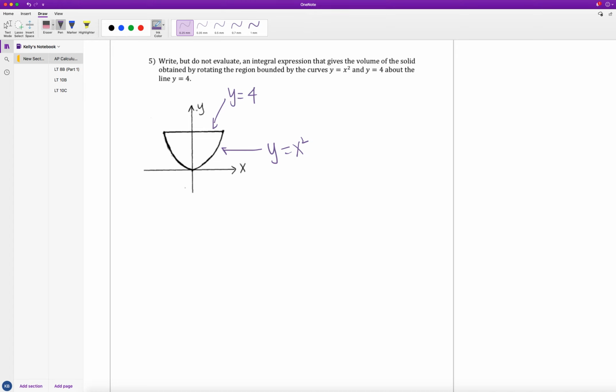They're saying we want to rotate this region, so this entire shape inside, about the line y equals 4. So I'm actually going to rotate it about the same line that I'm bounded by. So I'm going to take this shape and I'm going to flip it up and over. If we draw that in 3 dimensions, let me move that axis down for us, since everything is going to be above the x-axis.